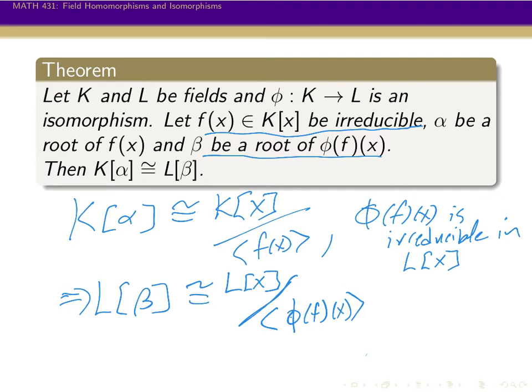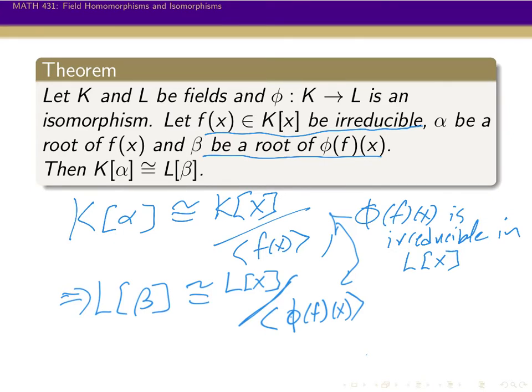And then the last step here is just to note that the polynomials over k modded out by f of x is going to be isomorphic to L of x modded out by phi of f of x.